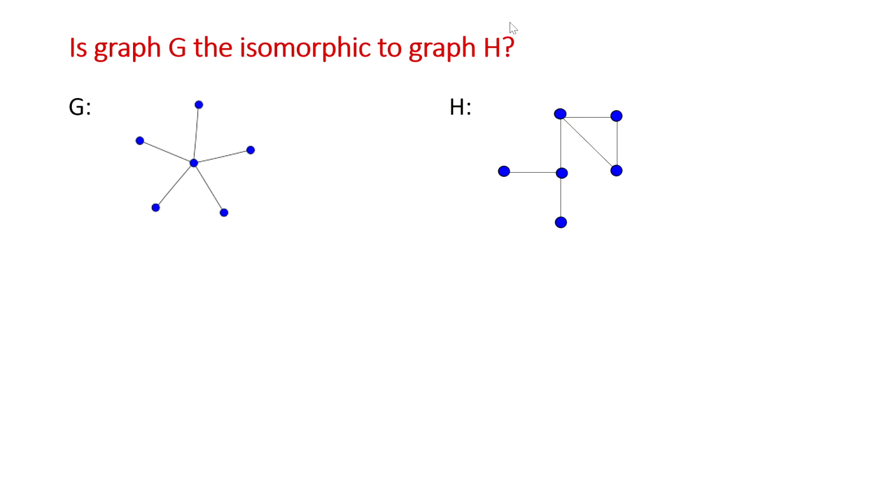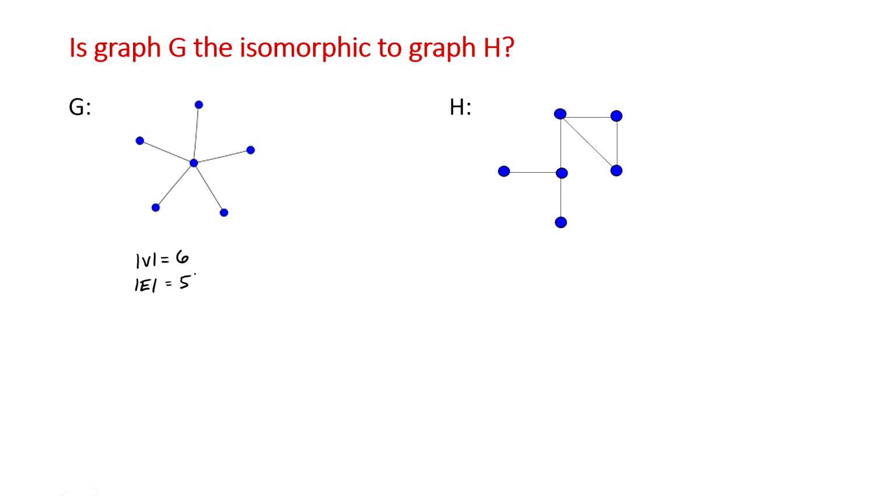So here's another example. We have 6 vertices for both of these two graphs. So let's go ahead and write that out. For graph G, the number of vertices is 6. And if we look at the number of edges in graph G, we have 1, 2, 3, 4, 5 edges. Okay?